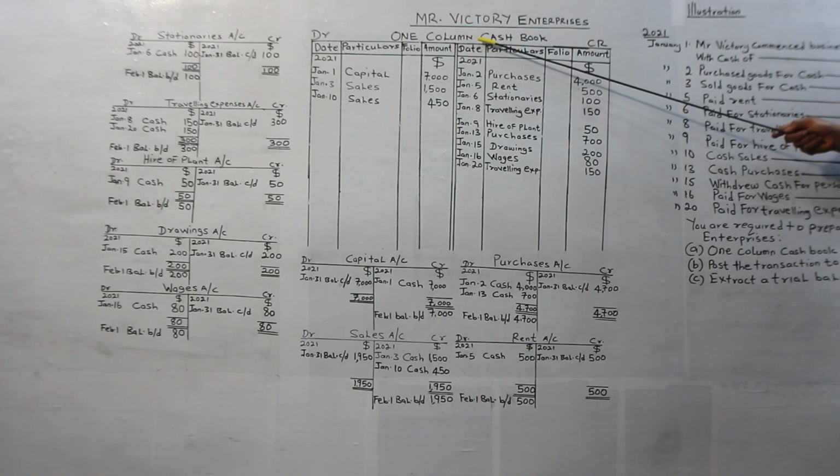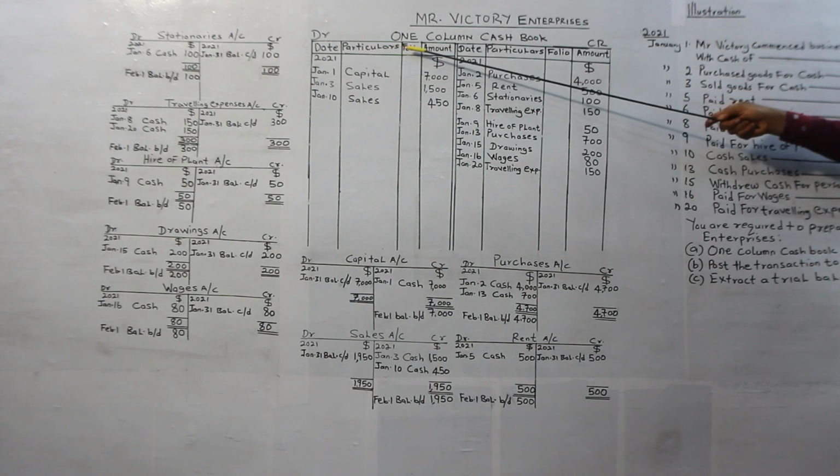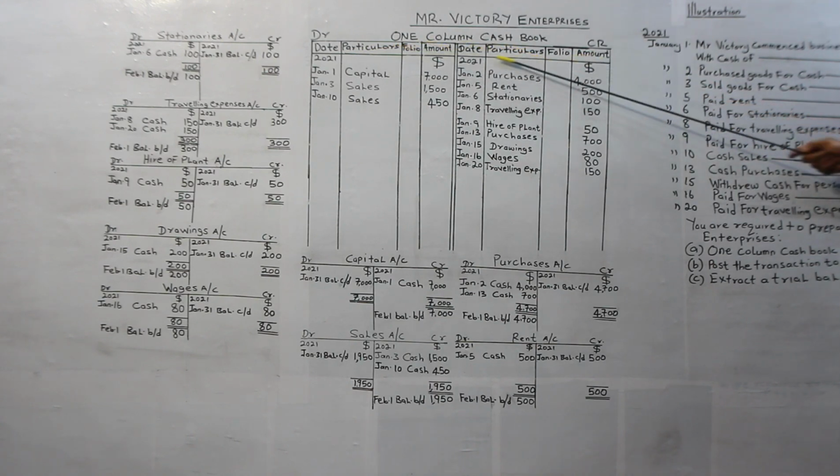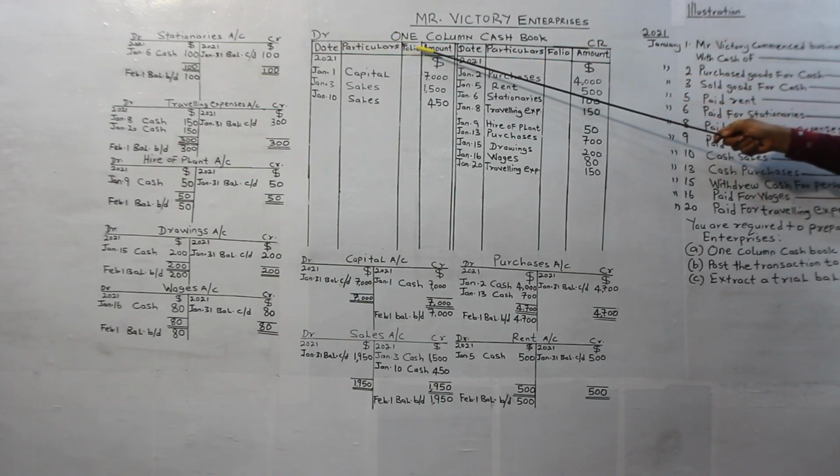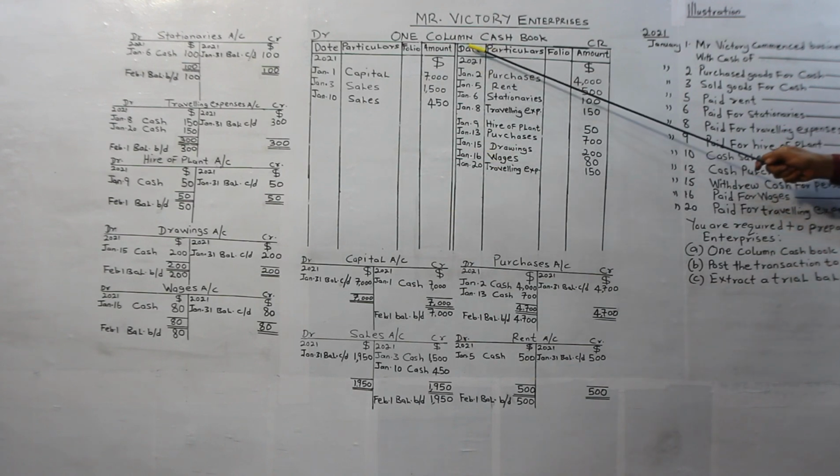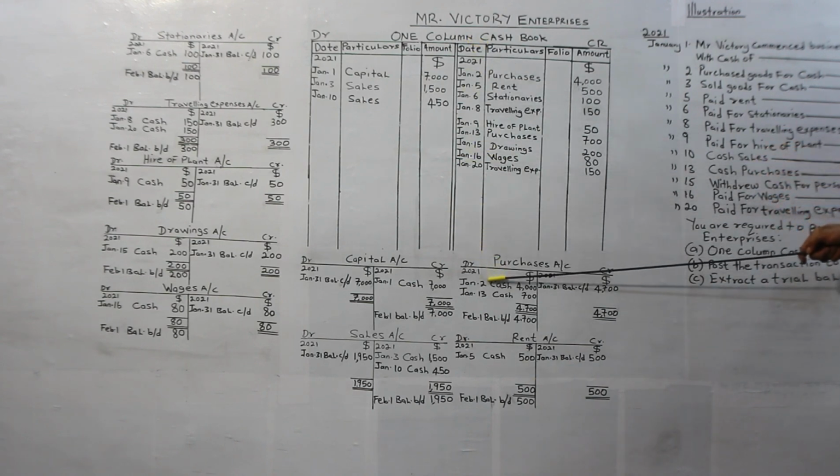Now to balance the cash account, of course the cash account has the headings labeled: date, particulars, folio, amount on the credit side, date, particulars, folio, amount on the debit side. Now, if you compare this ledger to these ledgers, you discover that the smaller ledgers do not have the labelings on top. For instance, here represents the date, here is supposed to be particulars, somewhere here is supposed to be the folio, and here is supposed to be the amount.